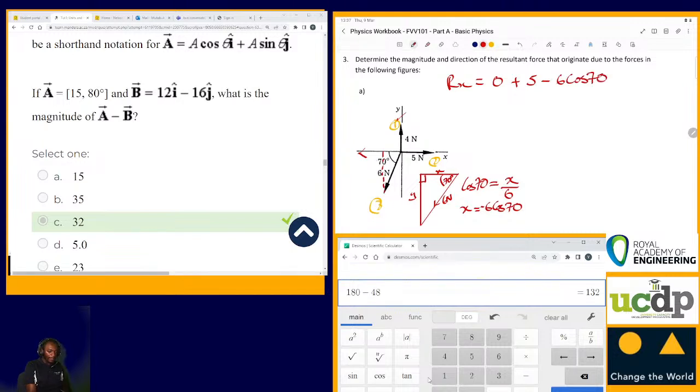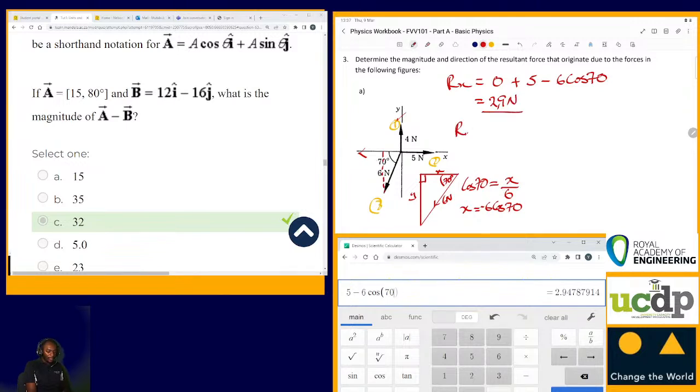You might as well sum that. That becomes 5 minus 6 cos 70. We'll get 2.9 newtons in the x.